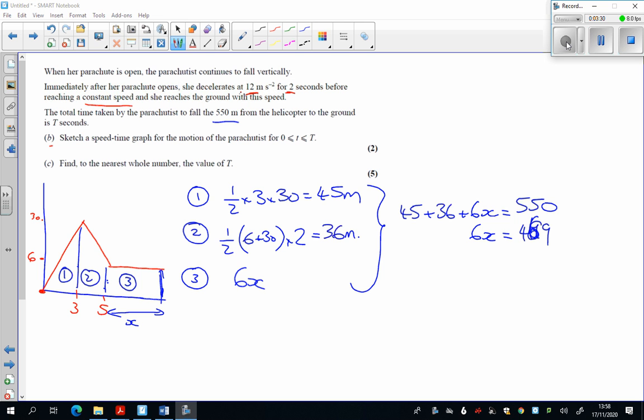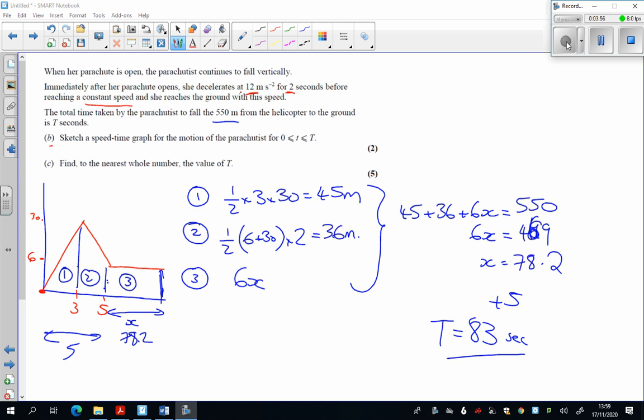So if we take these two off, I think that makes 499. Sorry, I lied, 469. And then 469 divided by 6 tells me that x is 78.2. So this part here is 78.2 seconds.